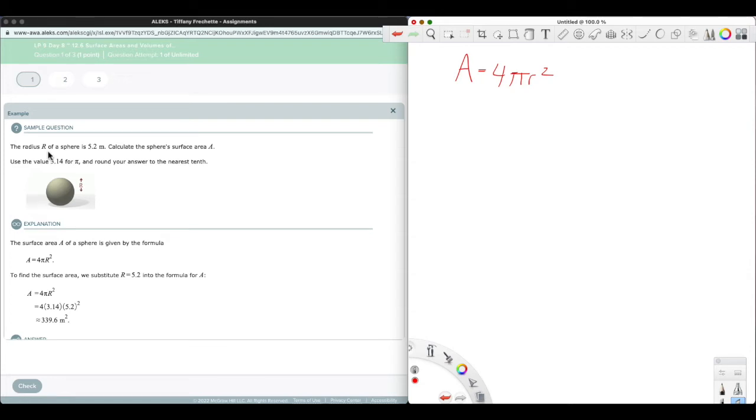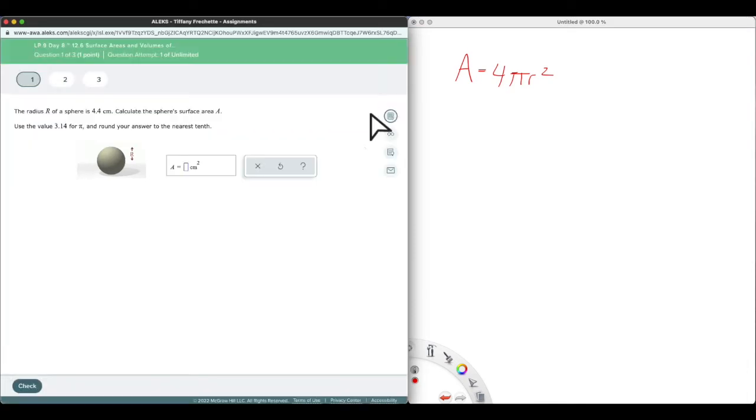A ball is filled with air as well, or something else. It's not always air, but we can picture blowing up a beach ball, something like that. If you want to calculate just the amount of product used for something like that, that's what you would use surface area for.